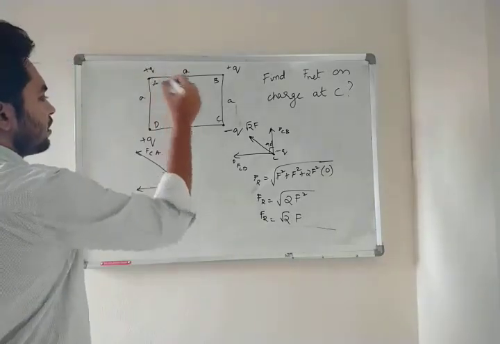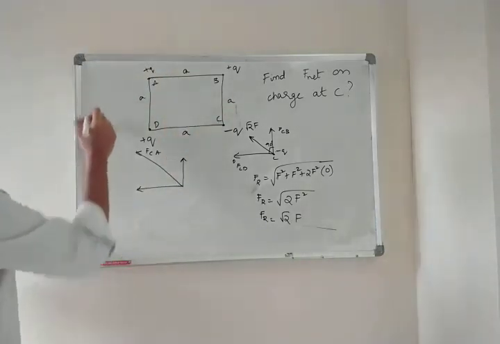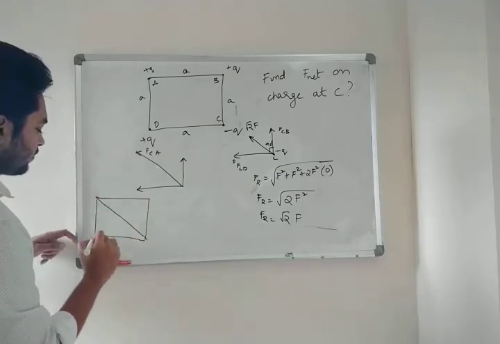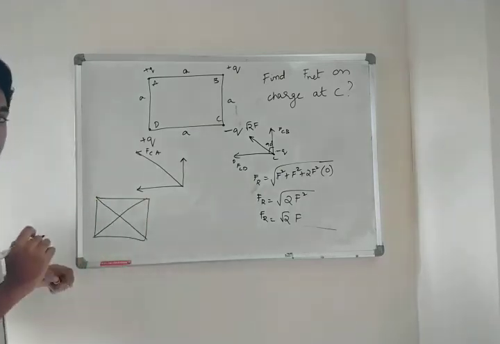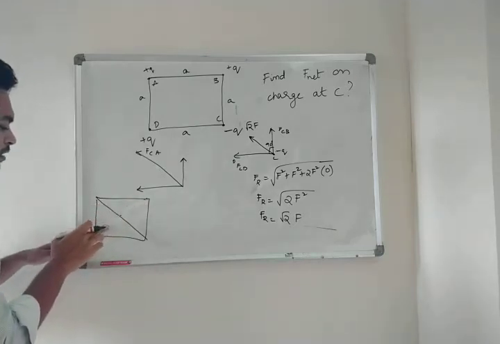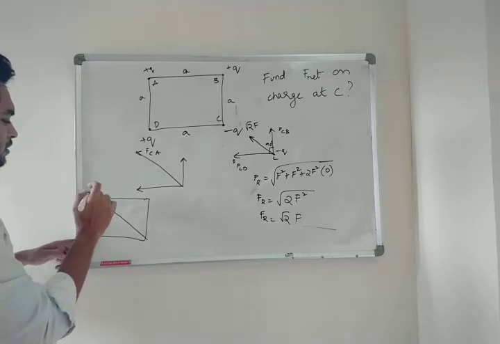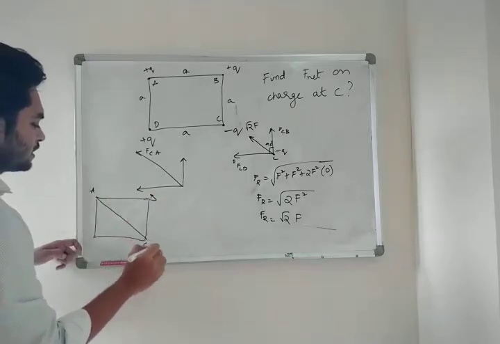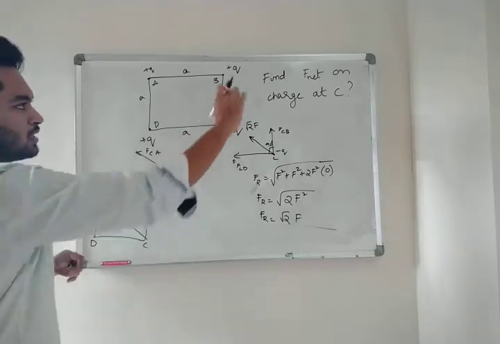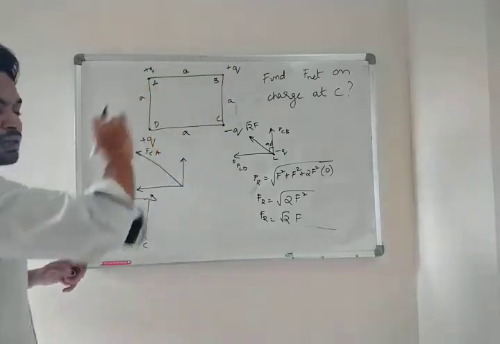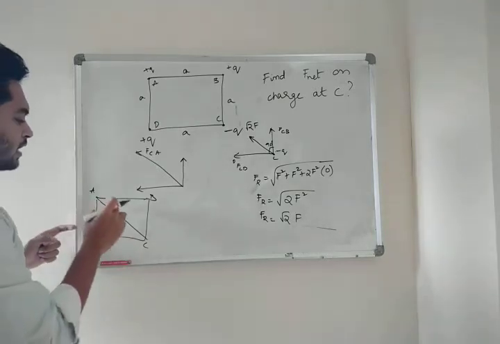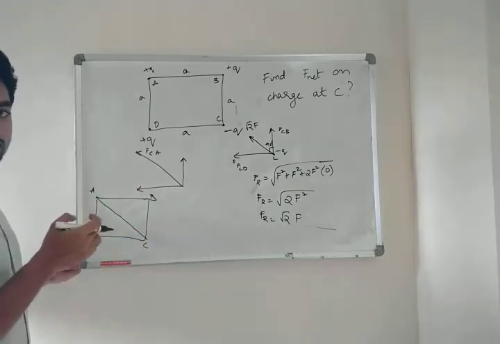Now how do we write? Now if I draw a square, this is the diagonal, right? Let us take only one diagonal to not get confused. Now this is A, this is B, this is C and this is D. Now we know that this distance is A, and all the other distances are A. Now what is the distance of the diagonal? How do we calculate? This is a right angle triangle, right?